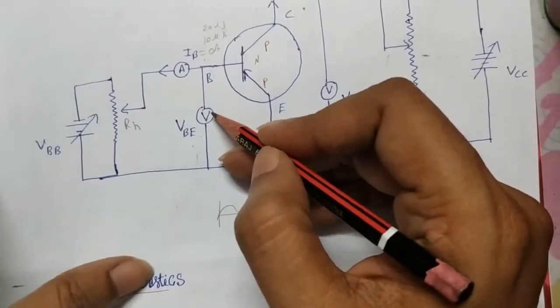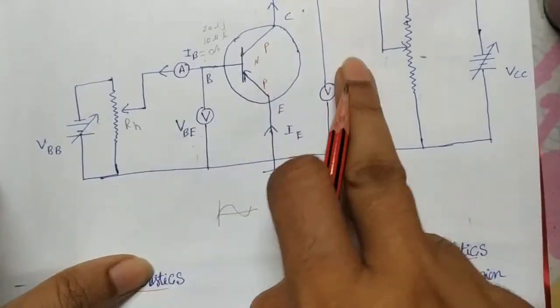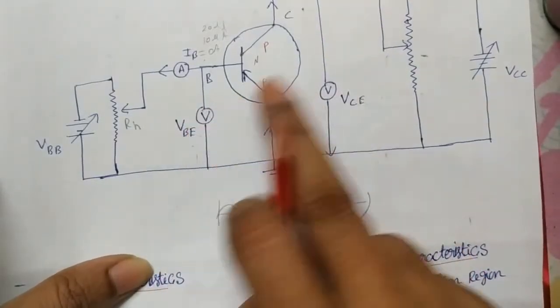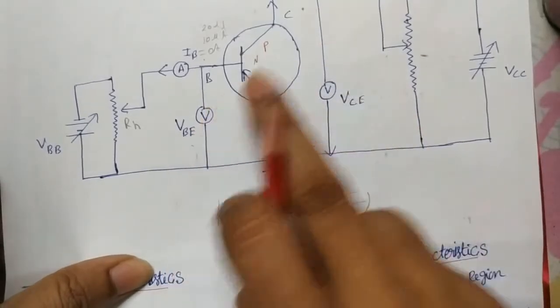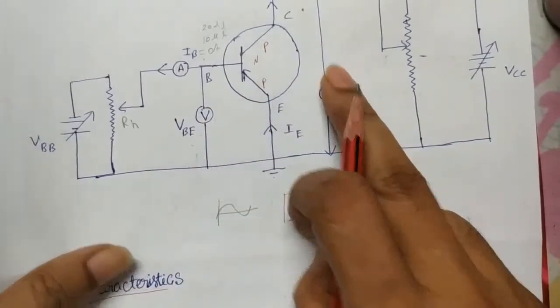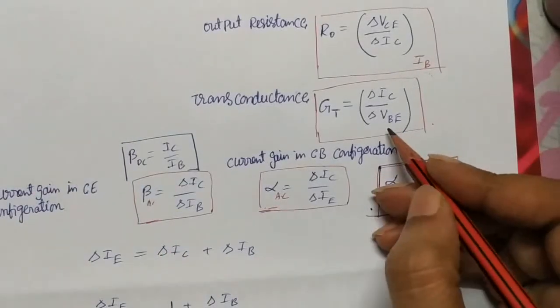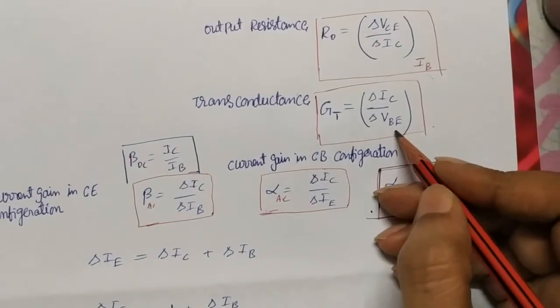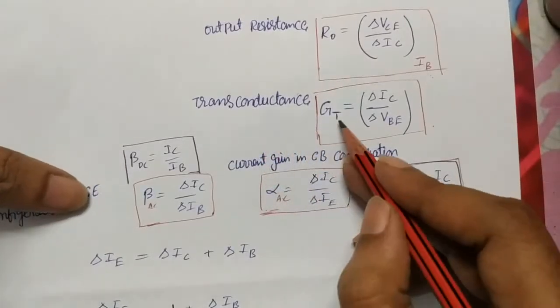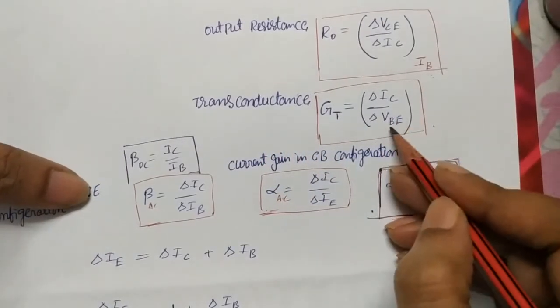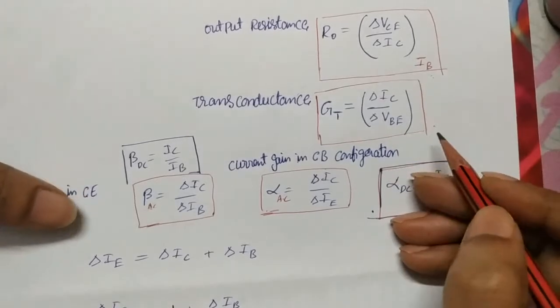Because we are calculating after transferring. So that's why trans. Why do they call it conductance? They don't want potential by current, they want current by potential. That's why we call it conductance. Current by potential, what do you get? Conductance, which is represented with G. So this is transconductance. That's why GT is equal to delta IC by delta VBE.